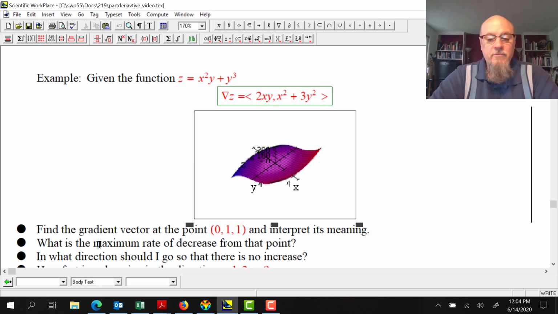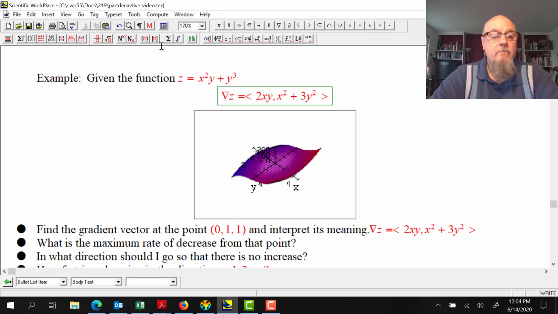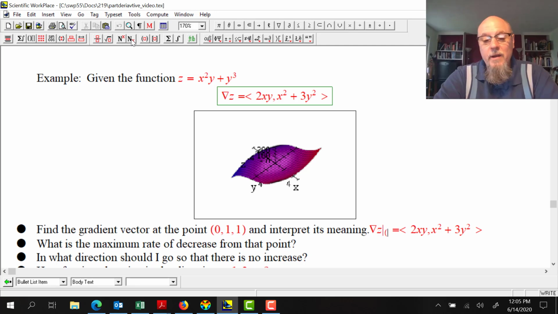Okay, find the gradient at the point. So let's get that, and interpret its meaning. All right, let's find it first. So I'm going to write the point (0, 1, 1). That 0 is the x value, that 1 is the y value, that 1 is the z value.